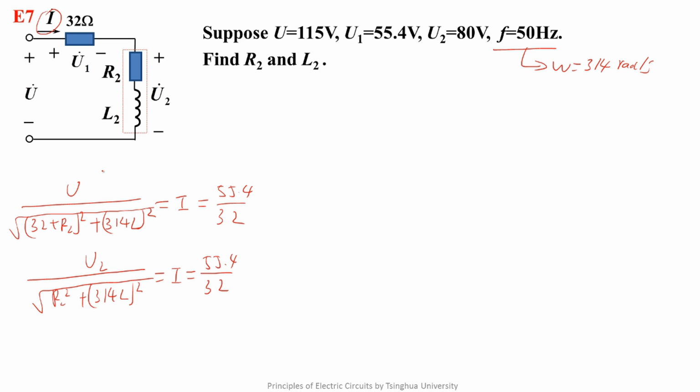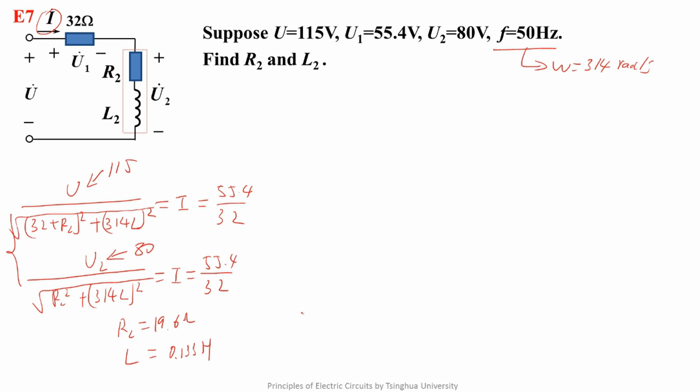We also know that U equals 115 and U2 equals 80. Then we can solve the nonlinear algebraic simultaneous equations about R2 and L. Yes, we can do it this way, but it's too mathematical and time-consuming in the solving process.